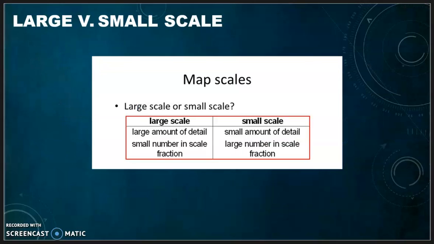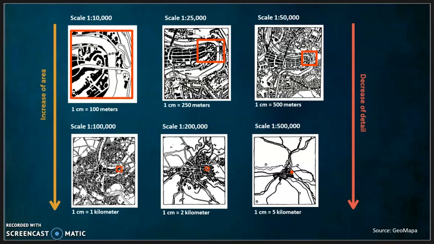Okay, so again, just a quick comparison between large scale versus small scale. So large scale, you have a large amount of detail, small number in the scale fraction. Small scale, small amount of detail, large number in the scale fraction. Okay, so we are going to look at some examples here. So here we have our large scale and our small scale.